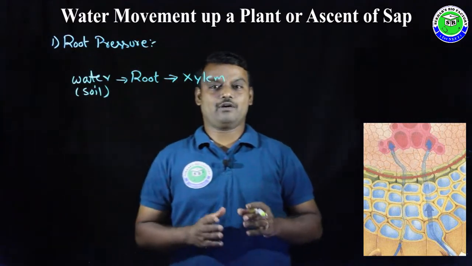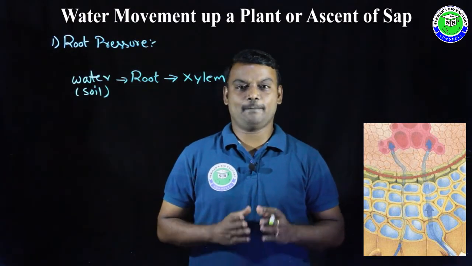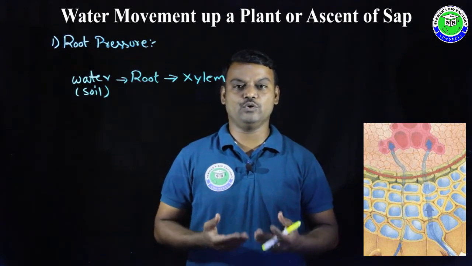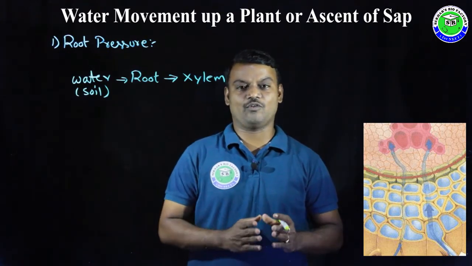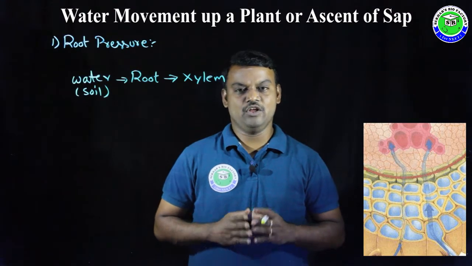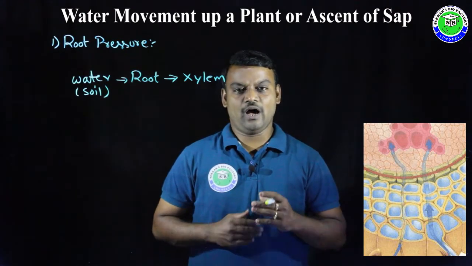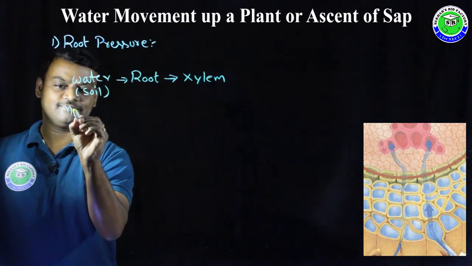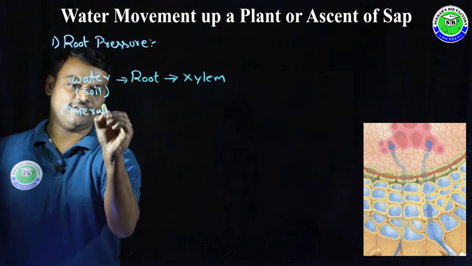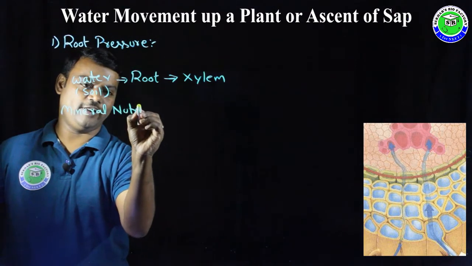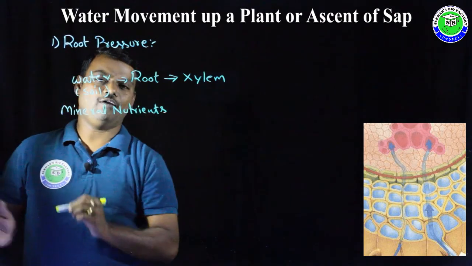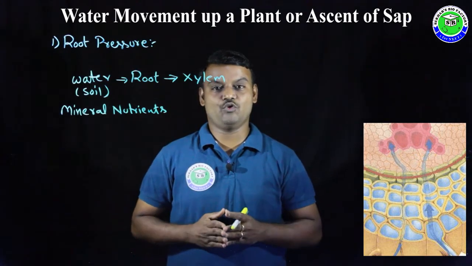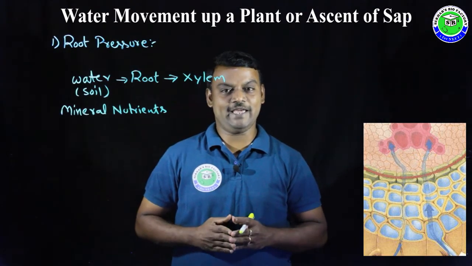The absorption of water by the root system is a passive process, and water diffuses into the root based on the concentration gradient. During this water absorption, along with water, various mineral nutrients are also absorbed by the root system, but this absorption utilizes ATP energy.